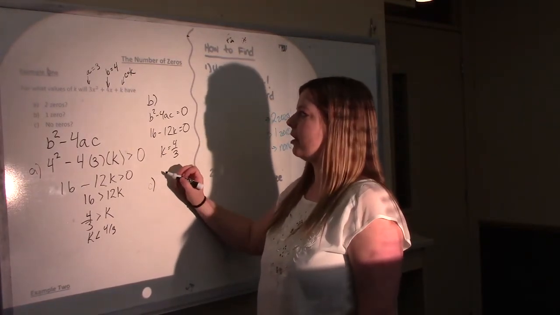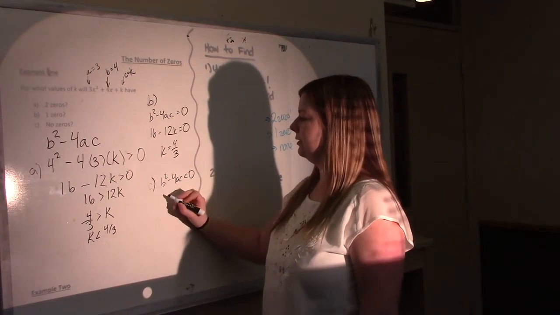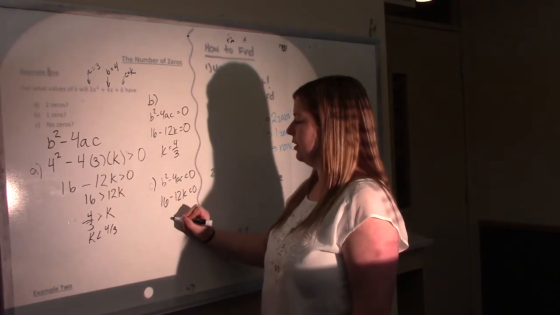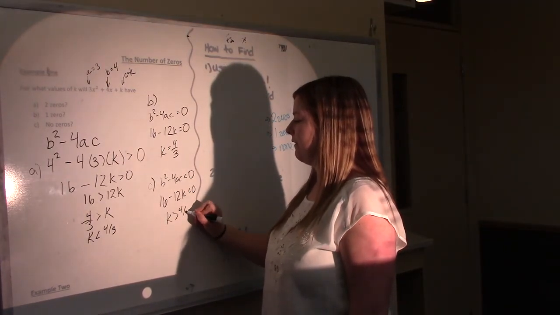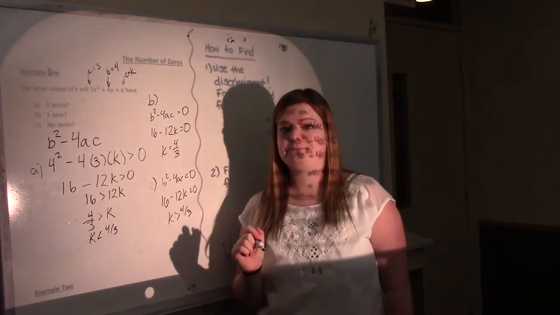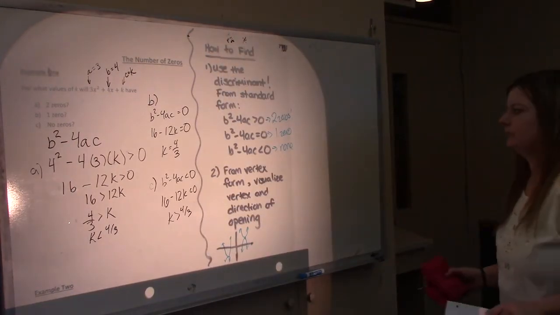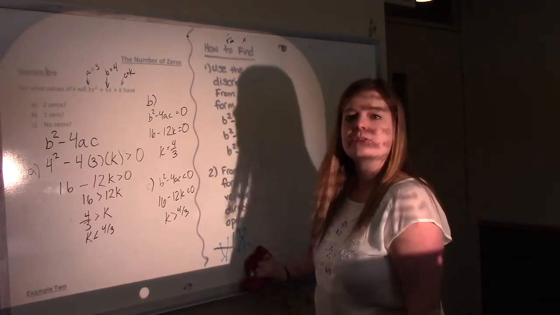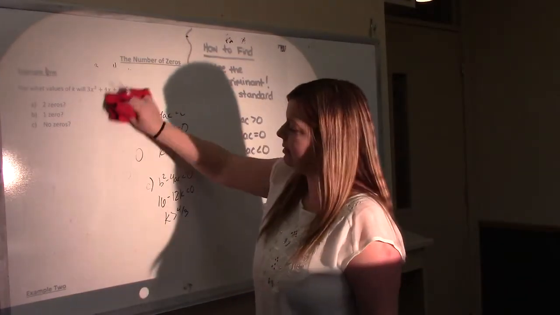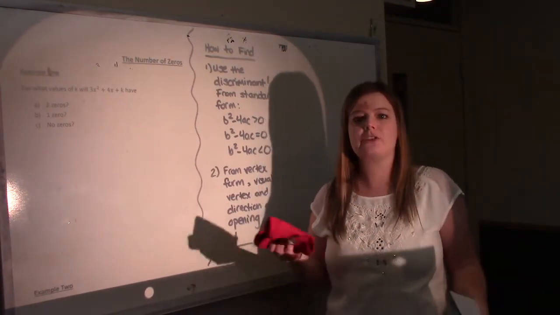Going through the same process, b squared minus 4ac less than 0 gives 16 minus 12k less than 0. So k in this case would have to be greater than 4/3 once you move this over and rearrange. Again, we used the discriminant because it was in standard form. So anytime you see standard form, number of zeros, think discriminant. That's something that you might just have to memorize.